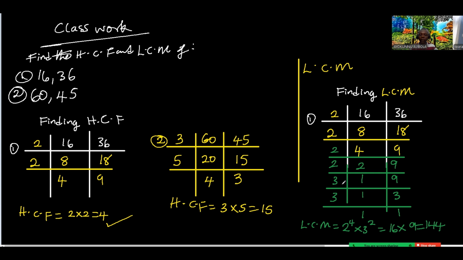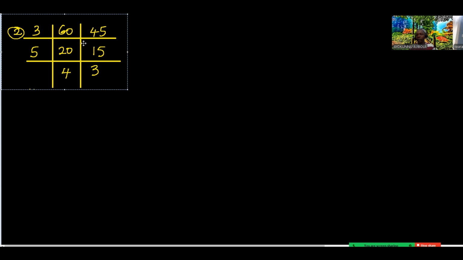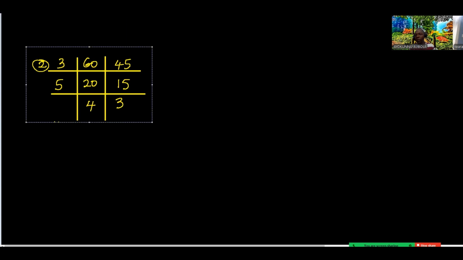Yes. Now, let us find the LCM for the second one, okay? So we're still going to use the same method, so that's why I want to copy this and just paste on the next page. So if I copy this and paste here, we're finding LCM of the number.